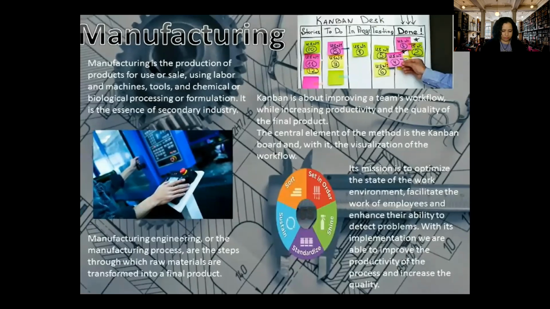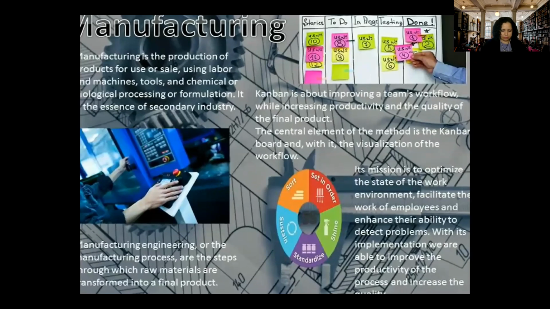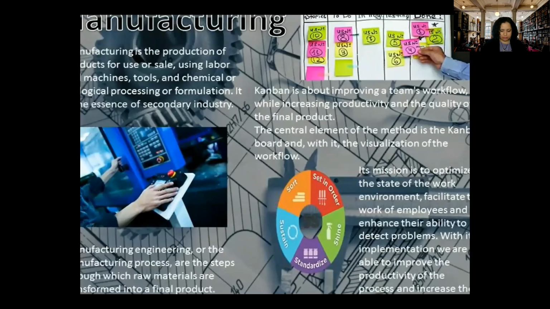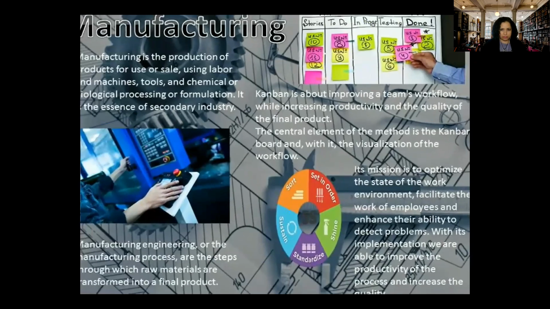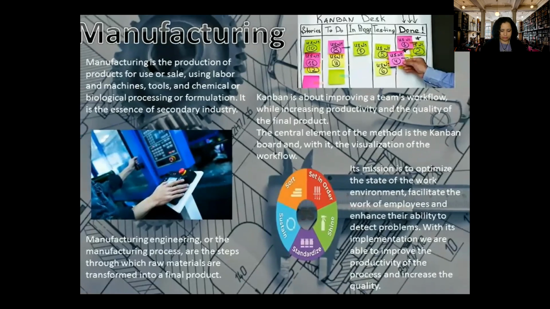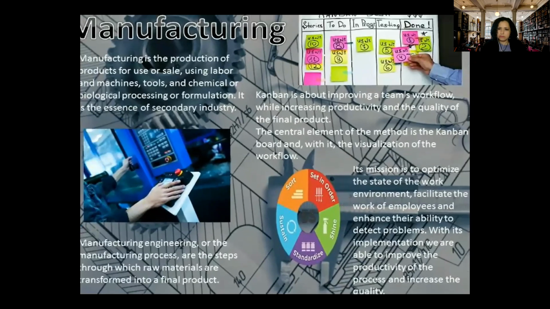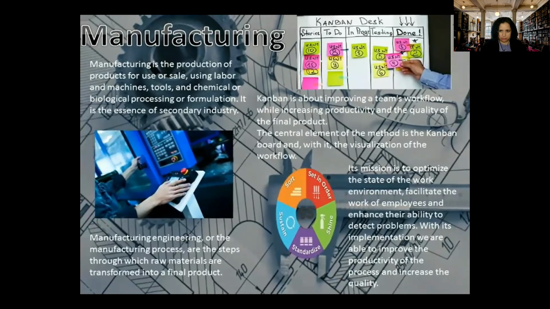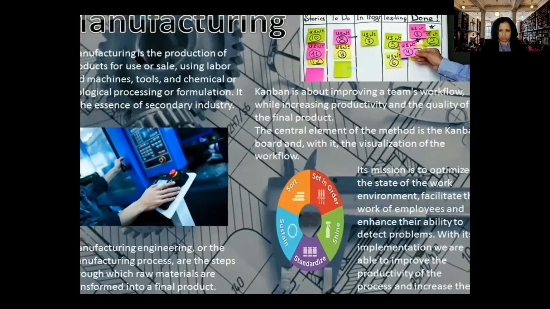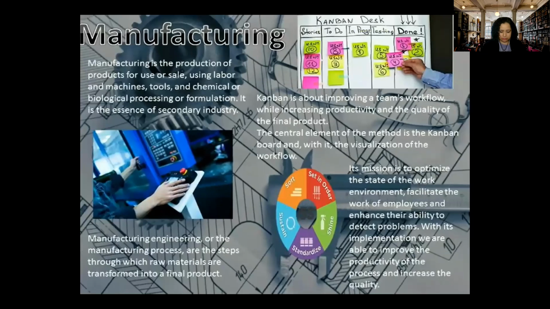The central element of the method is the Kanban board, which is the visualization of the workflow. 5S's mission is to optimize the state of the work environment, facilitate the work of the employees, and enhance their ability to detect problems. With its implementation, we are able to improve the productivity of the process and increase quality.